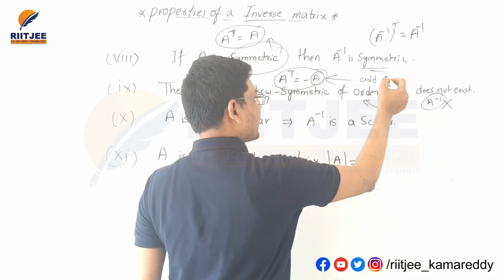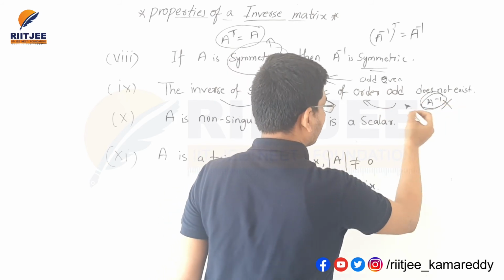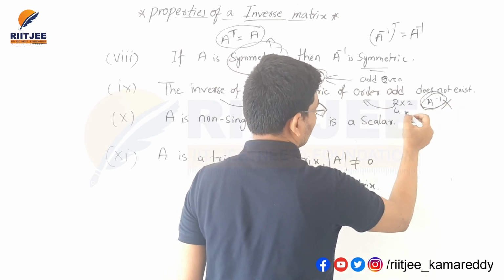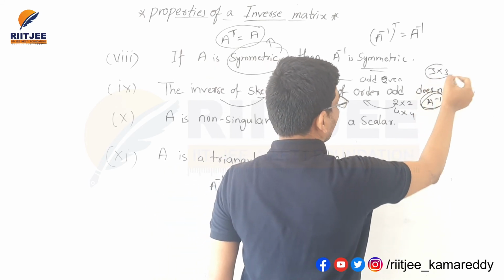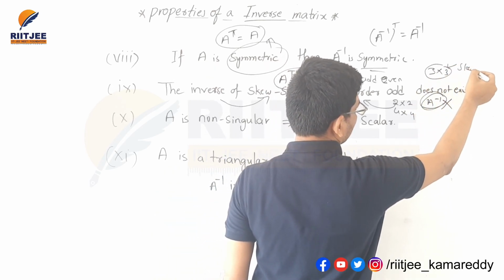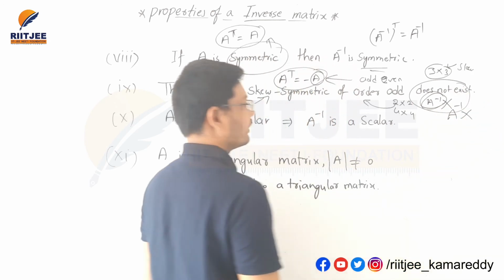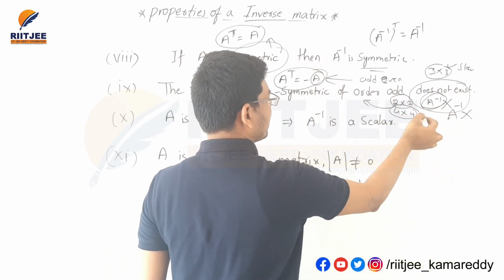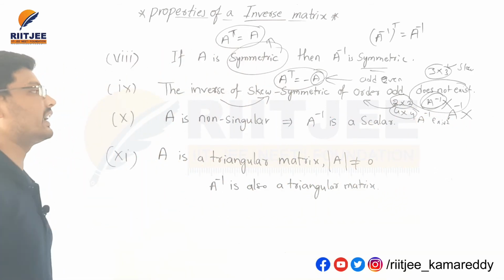If the order is even, like a 2 by 2 matrix or 4 by 4 matrix, then A inverse exists. For a 3 by 3 skew symmetric matrix, A inverse does not exist, but for 2 by 2 and 4 by 4, A inverse exists. This is property number 9 here.